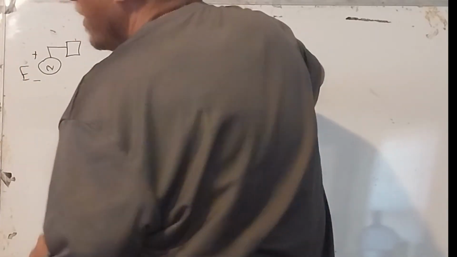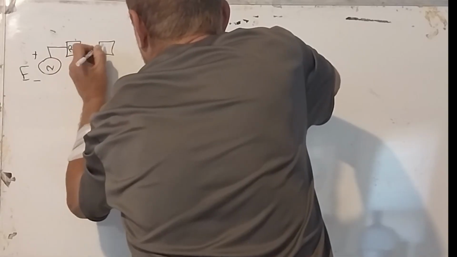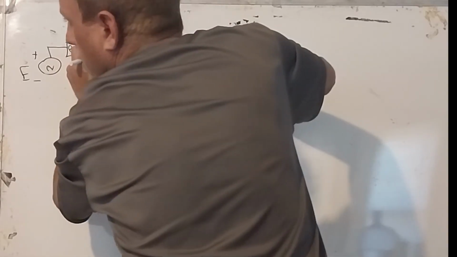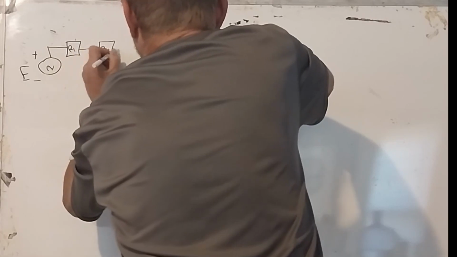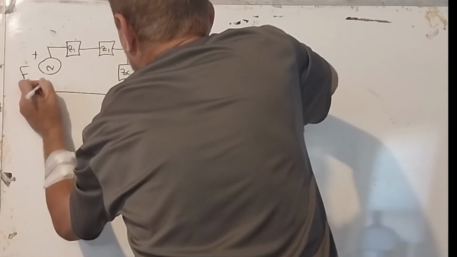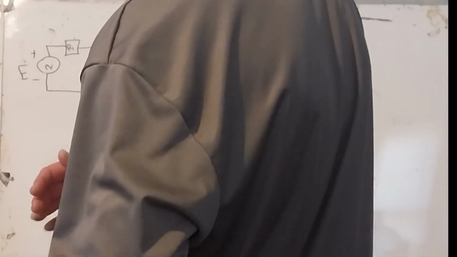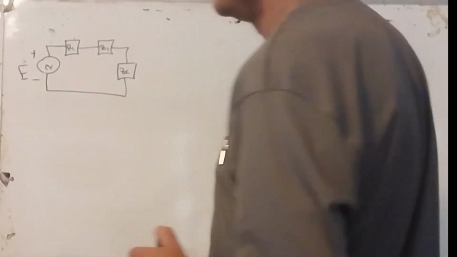And we have R1, Z1, and ZC. And the problem wants us to find the total impedance, the voltage across R2, and IL, which is the current flowing through the second inductor.